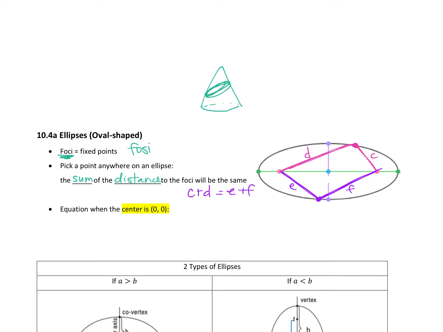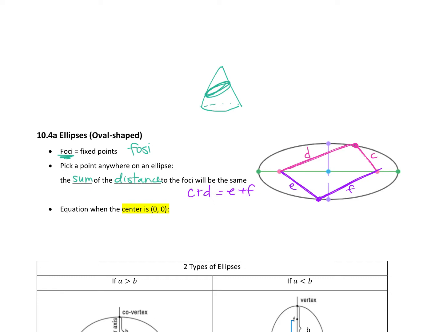That's how we come up with all the different points on an ellipse. Now, I'm not gonna ever ask you to do that. You're just gonna have to freehand an ellipse from the more basic points of the ellipse. But that is the idea of how they come up with all of the different points that make up the ellipse: the sum of their distance to the foci will always be the same, okay?